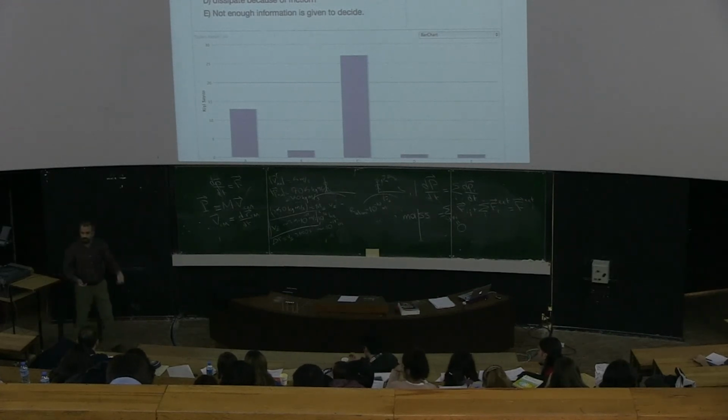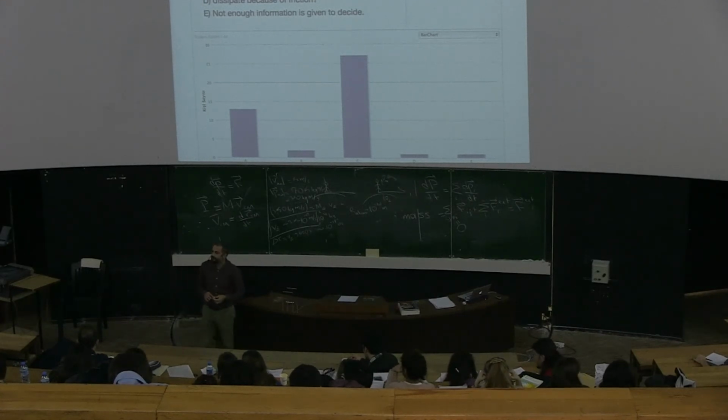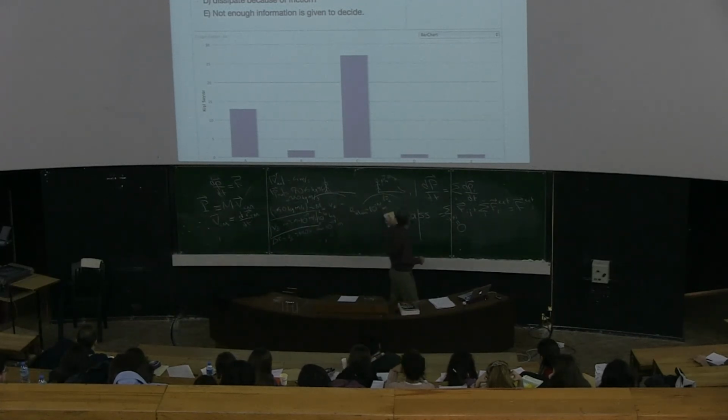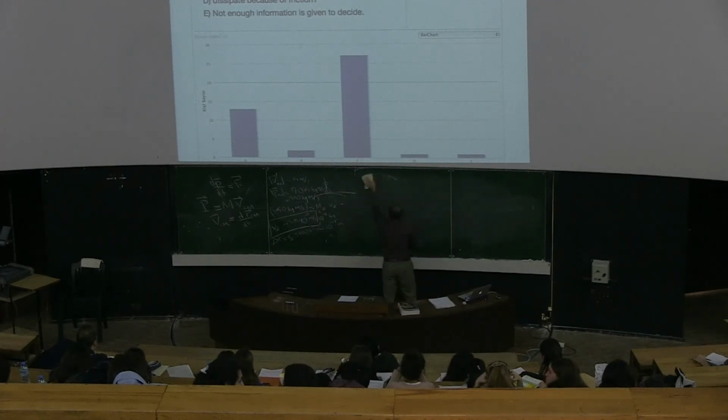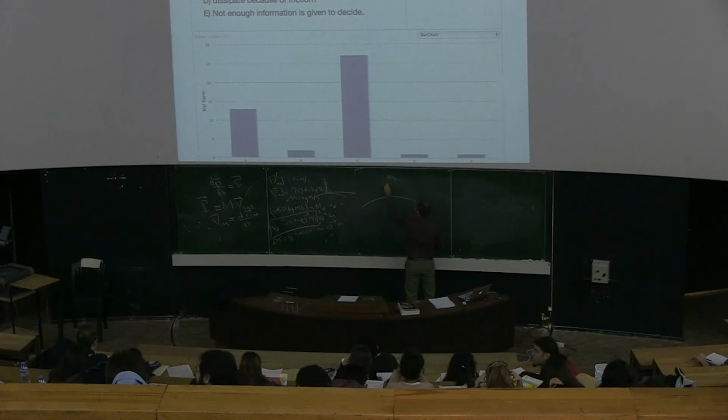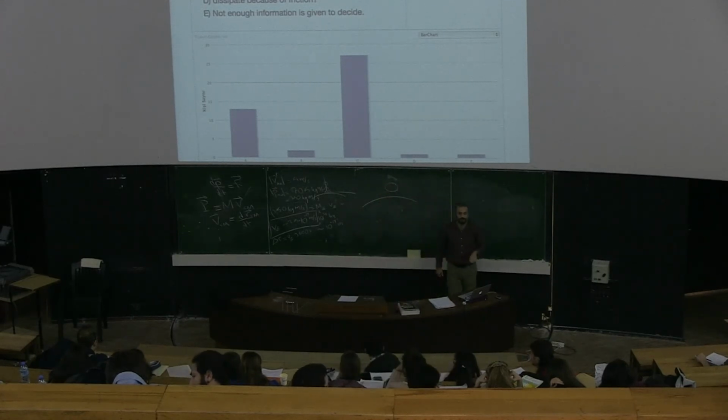Okay, so when I fall down, you mean? Okay, so let's look at the formations. So this is Earth, this is me. I am falling on the Earth. I just hit the surface of the Earth.